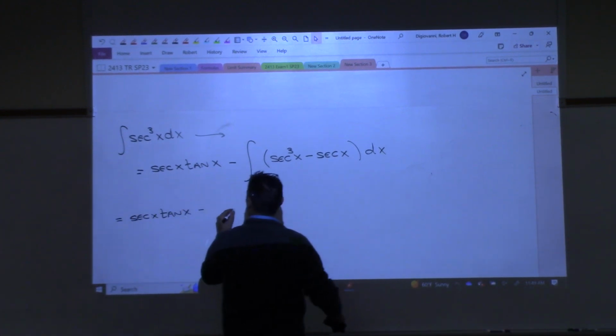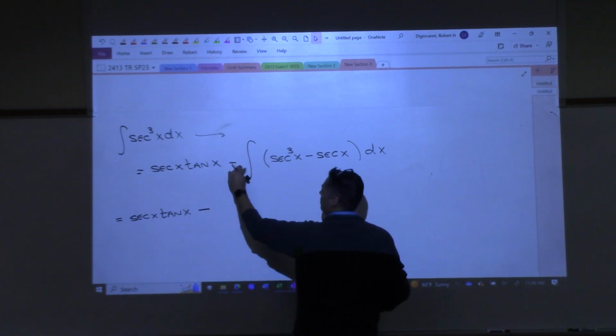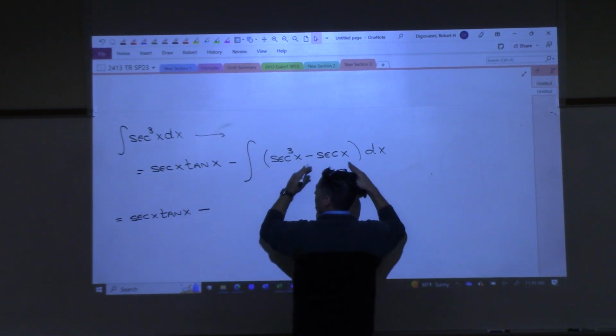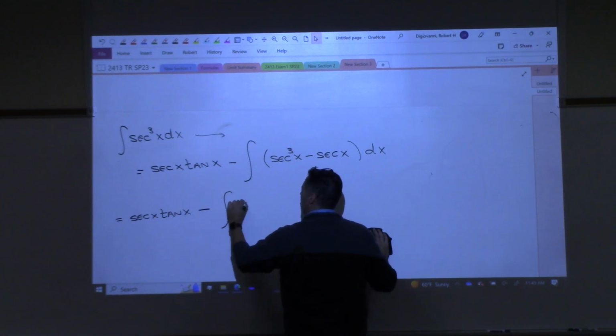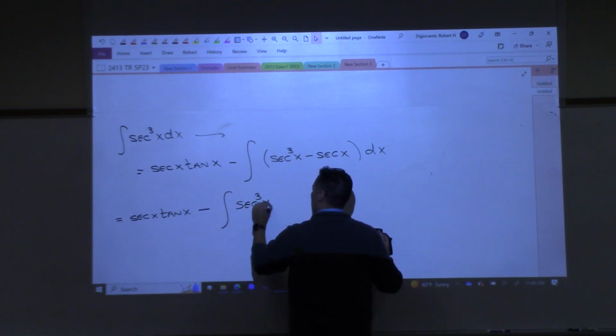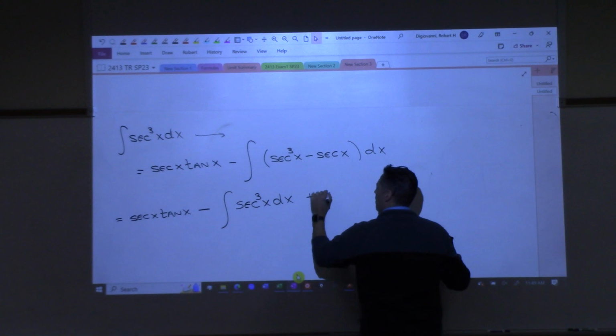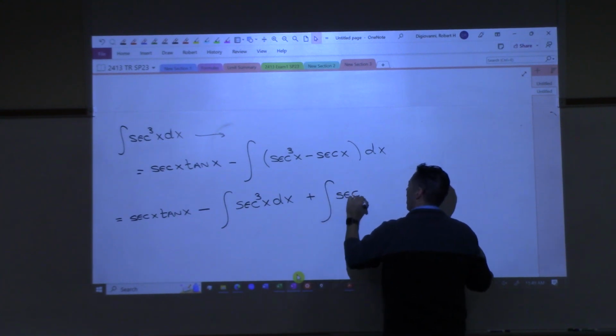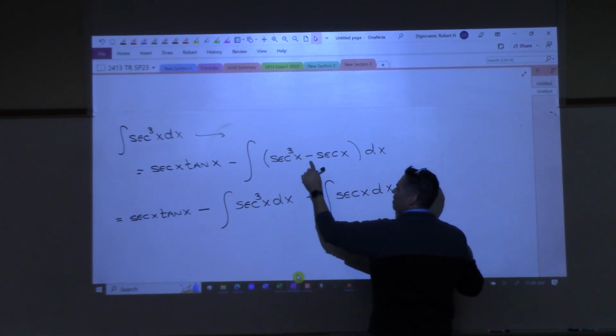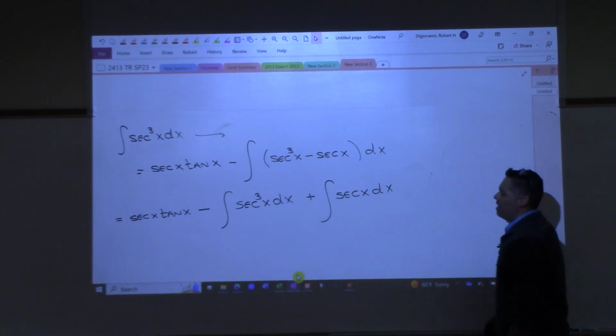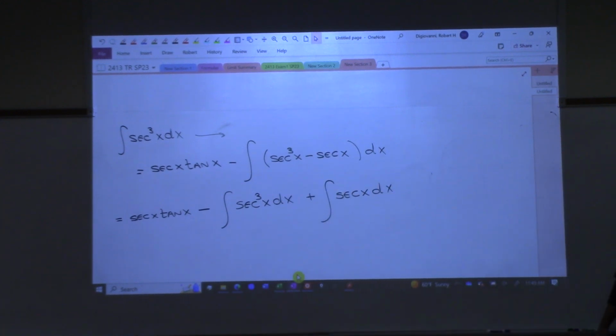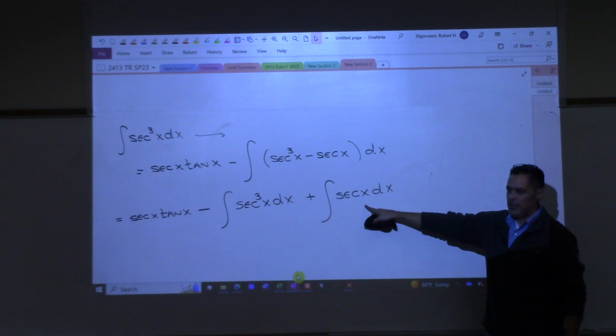Watch this. Okay, so this is minus, right? I'm going to split this into two integrals. I can do that, right? Two antiderivatives because there's subtraction between them. And this will become a plus on this integral because I have a double negative, right? I have the minus here and the minus here. Do you know the antiderivative of this?